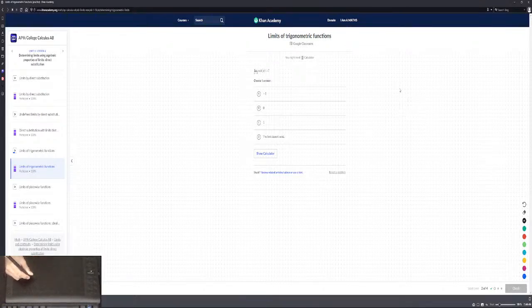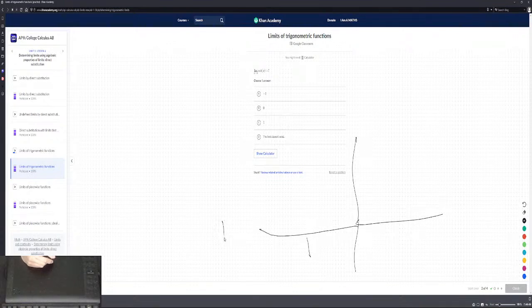Cotangent for 180 degrees. The point for 180 degrees on the unit circle is straight to the left. And the length of the line is 1. So the point is negative 1, 0.